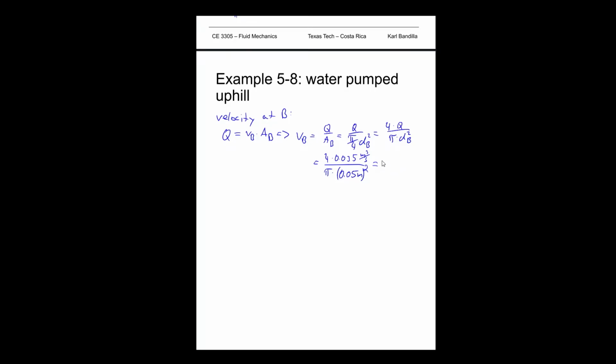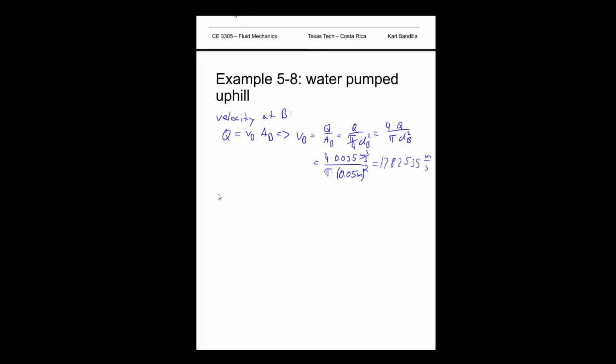And that gives me 17.82535 meters per second. Does that work with units? We get cubic meters over square meters, so yes, we get meters per second.